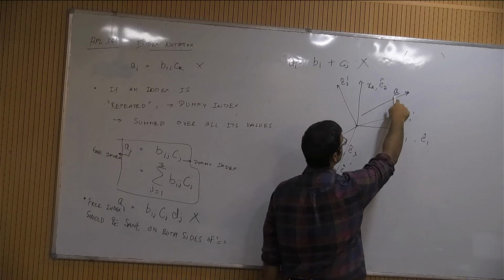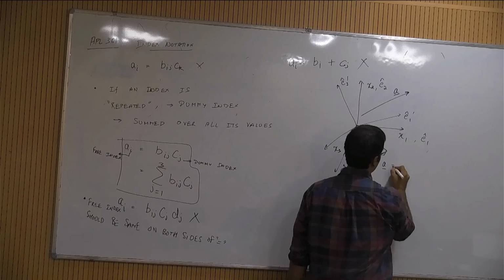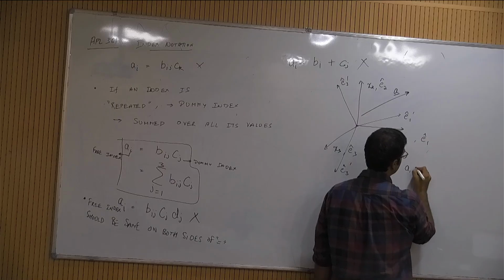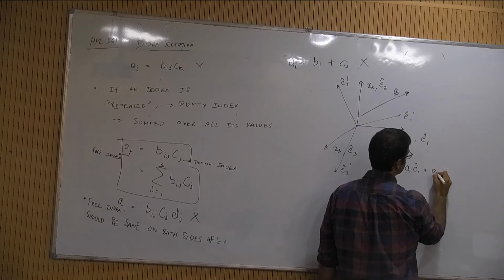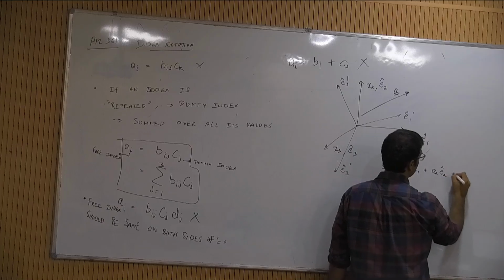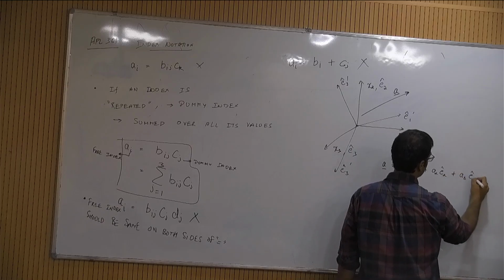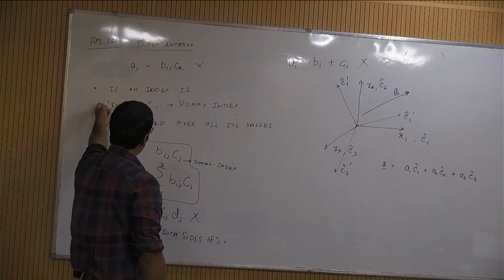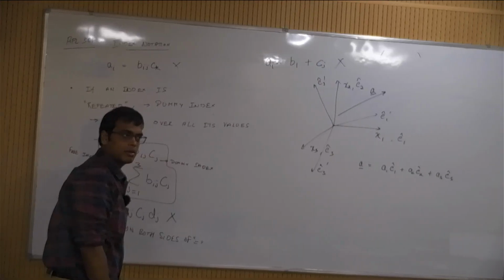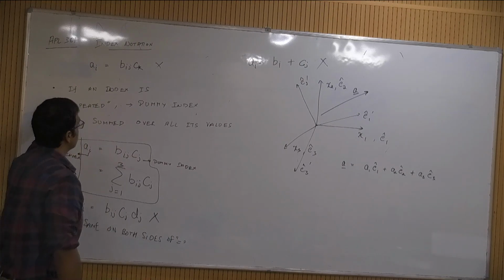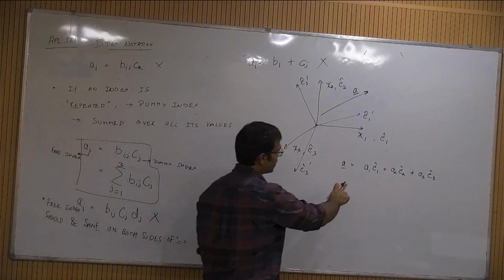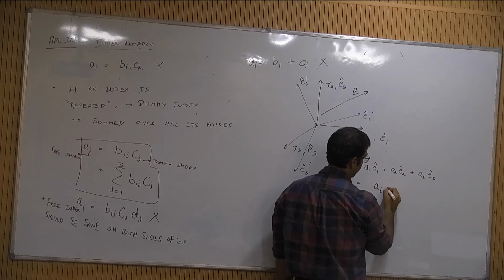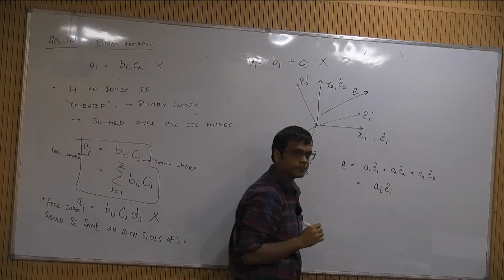So, let us say I write this vector as its components. It will be a 1 e hat 1 plus a 2 e hat 2 plus a 3 e hat 3. Now, applying just this one rule, I can write this in shorthand as a i e hat i.